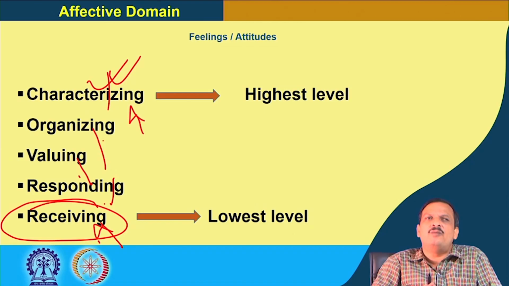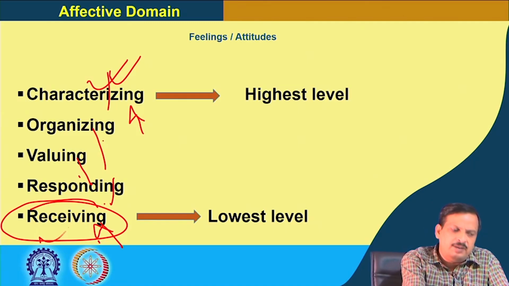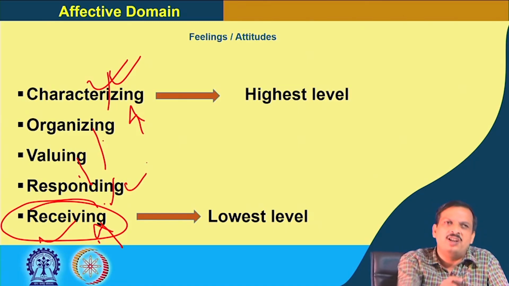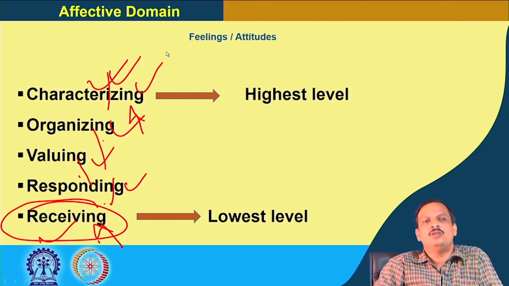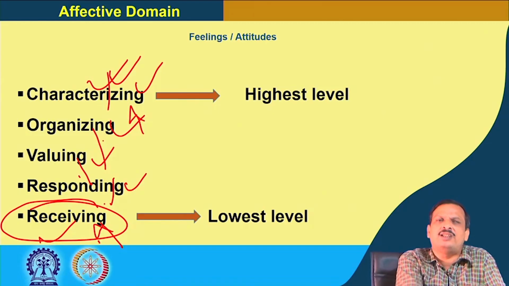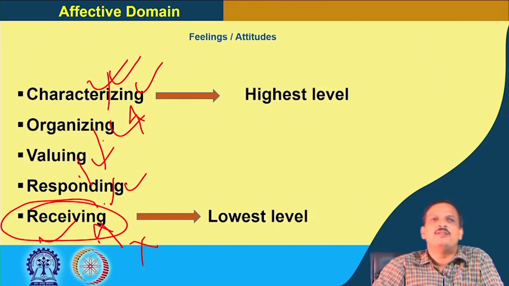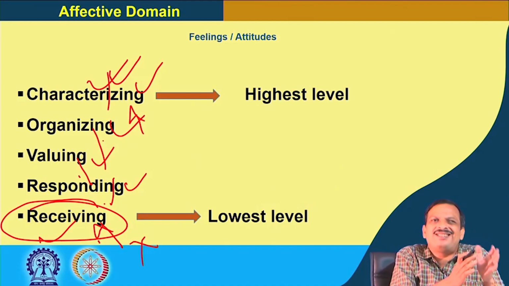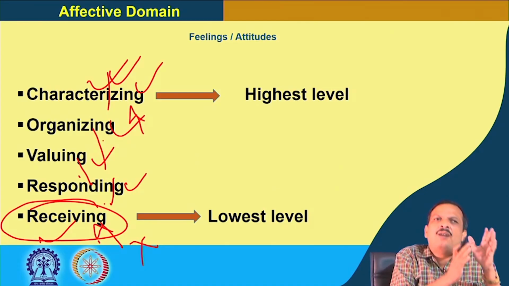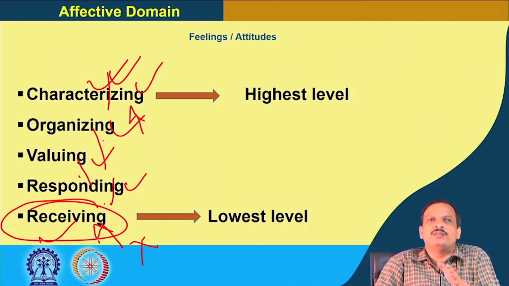So, in the affective domains of learning, the first, lowest level is receiving, next level is responding, next level is valuing, next level is organizing and the last level is characterizing. So, from lowest to highest, only the receiving level may not be sufficient for developing affective domains of learning. All the POs mentioned in accreditation are somehow attached to some of the domains.